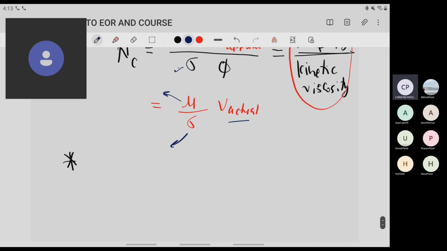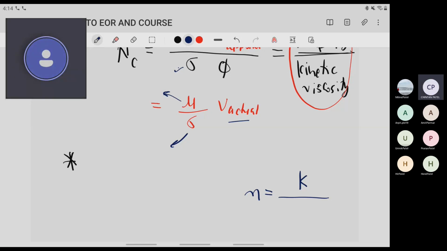So what is the equation for diffusivity? Do you know? Well, K by, yes. It's not 0.000, that is a constant. Okay, leave the constant, it's K by phi mu ct.